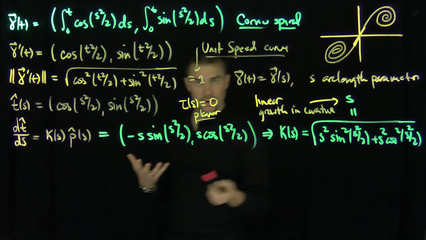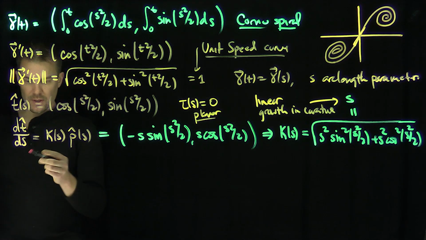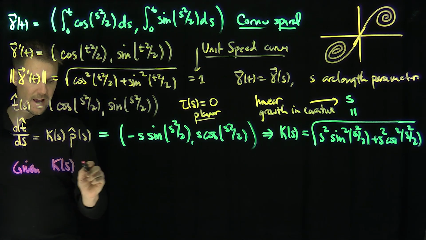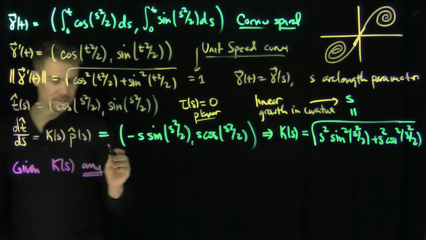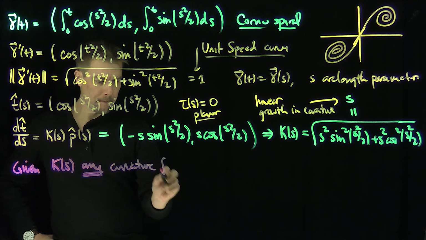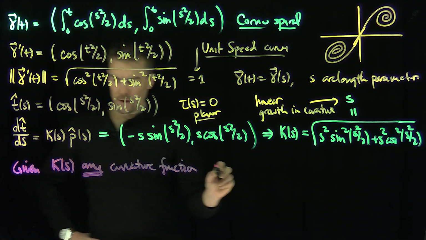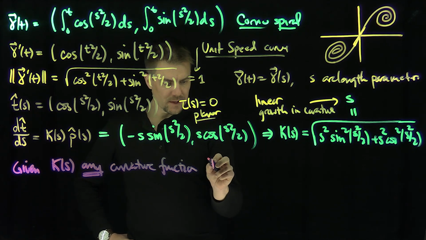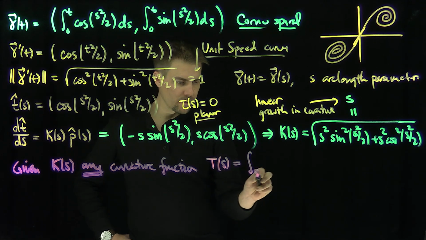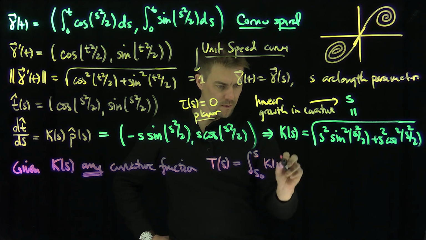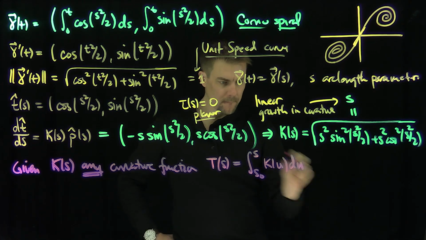Now I can actually modify this procedure. Given a curvature k of s, any curvature you want, let's say theta of s is going to be the integral from some fixed s0 to s of k of u du.